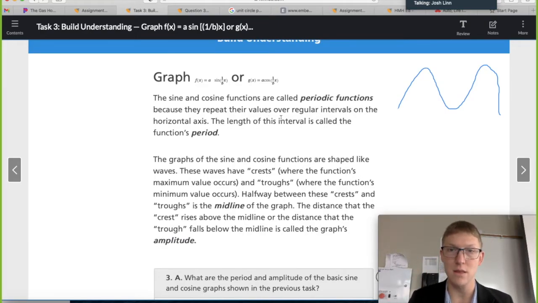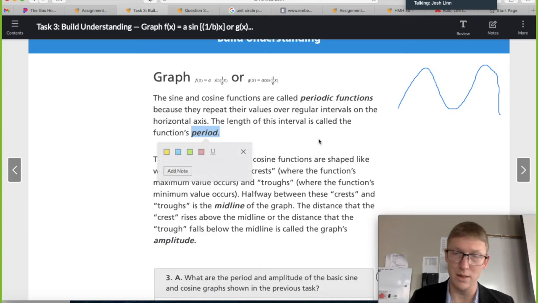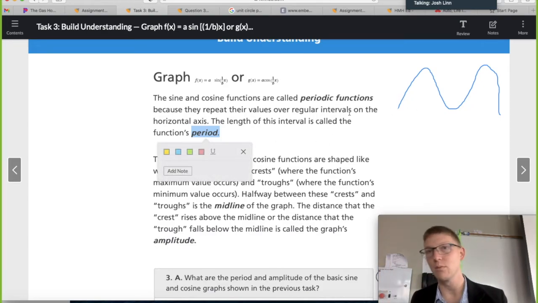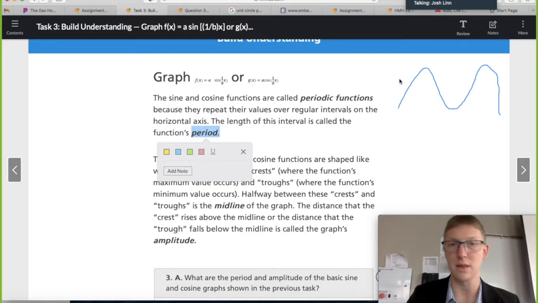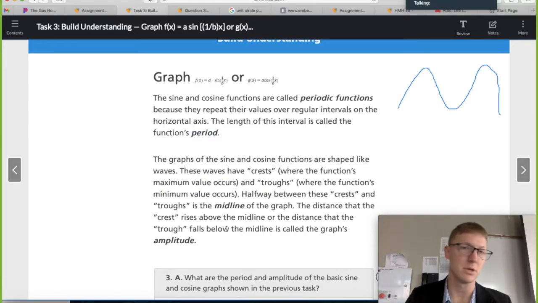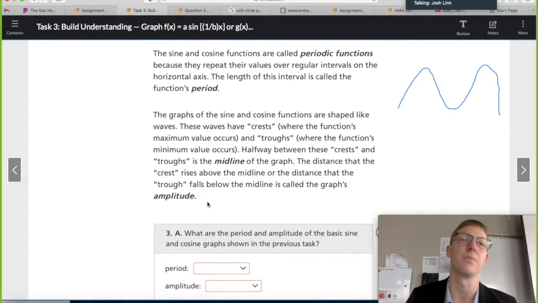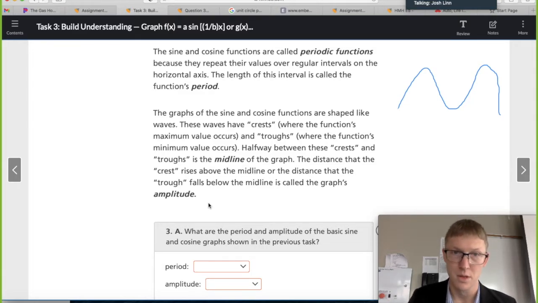And so the length of this interval is called the function's period. So that would be like your sine function from 0 to 2 pi would be a period. And you can change that given the situation.